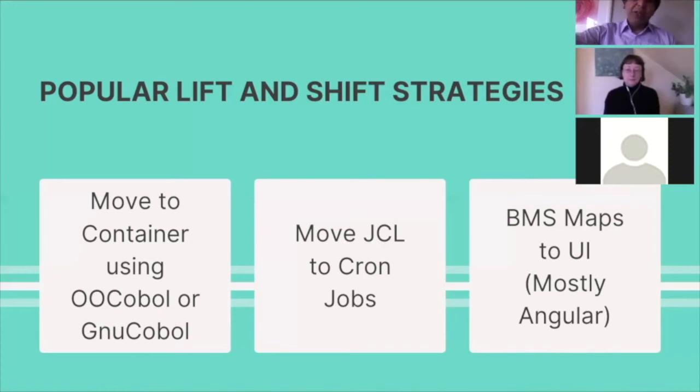Your JCLs will be turned into cron jobs, so that all the data inputs or MQ messages coming through are converted on the fly and fed into the container application. They can execute the logic and transform the data as happens in the mainframe environment. BMS maps are turned into Angular or HTML, CSS type of things. These are mostly converted using tools, and you will reach a high degree of accuracy because they're not very complicated.